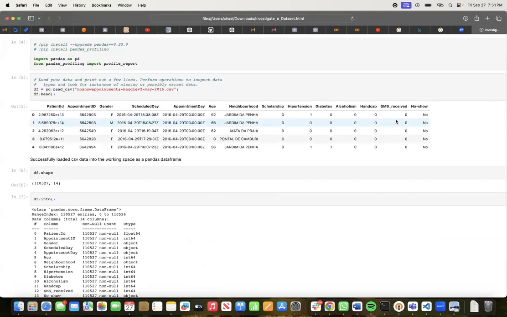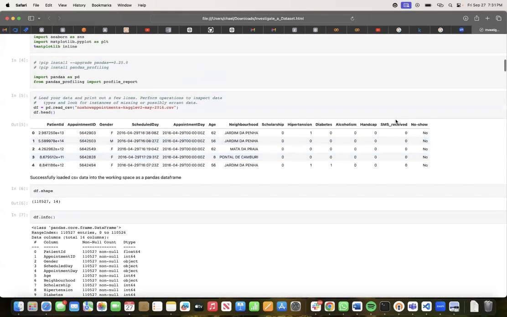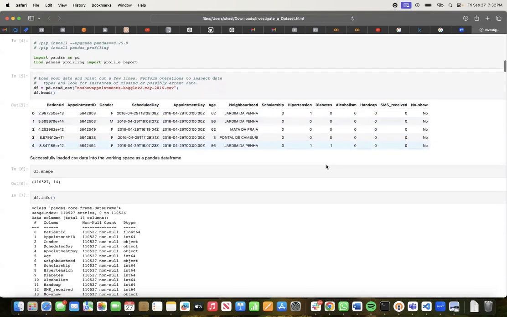The target is very, very important. You are working with the features and the target. That is what is important. Your features are what determine your target.